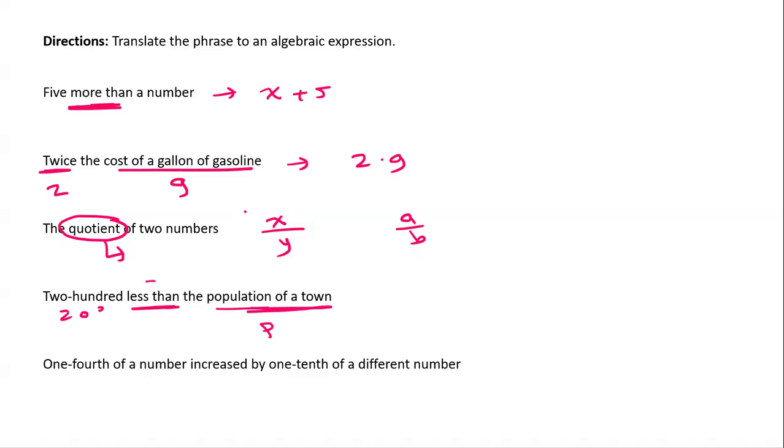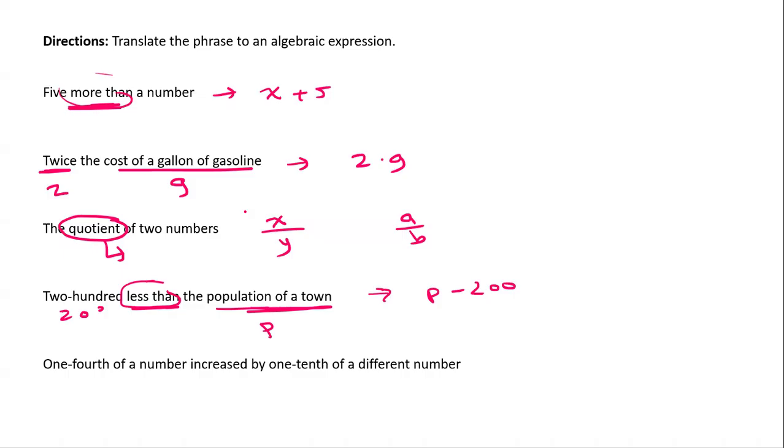And then less than means minus, to subtract. But if we see less than, it's actually flipped. So 200 less than the population of a town is written as P minus 200. Anytime you see the less than or the more than, you flip them.